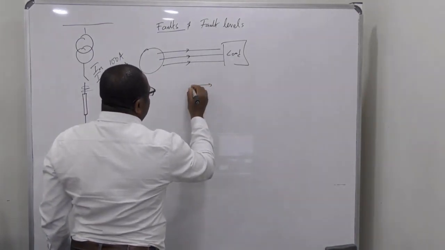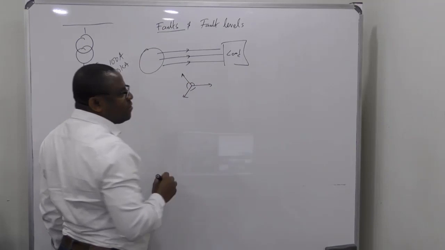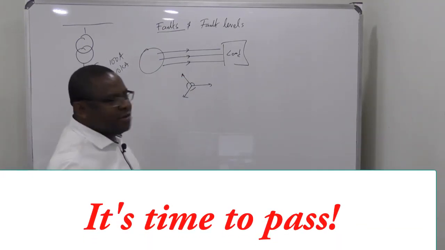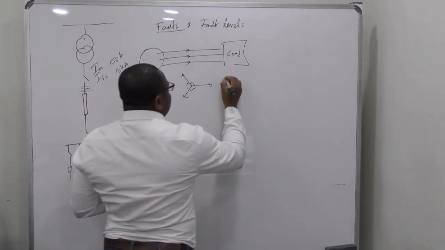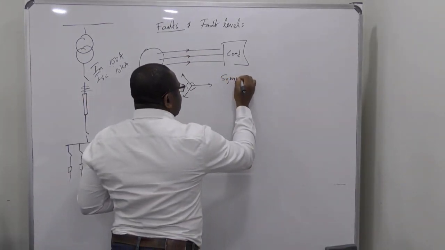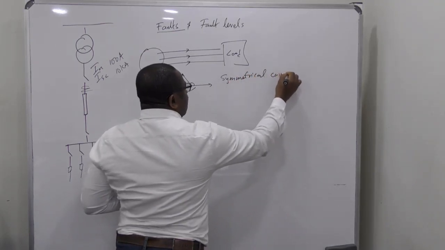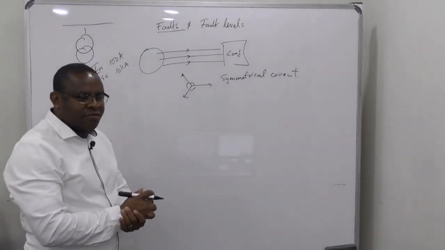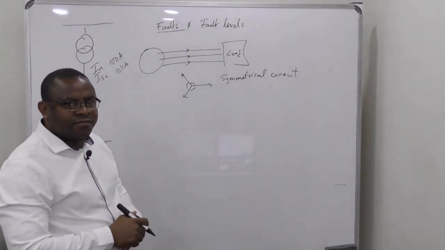So they will be equal and phase shifted by 120 degrees. And in that case, we said the currents are symmetrical. If you add them together, you will get 0.